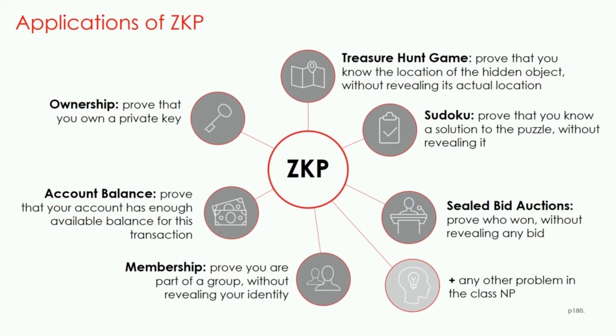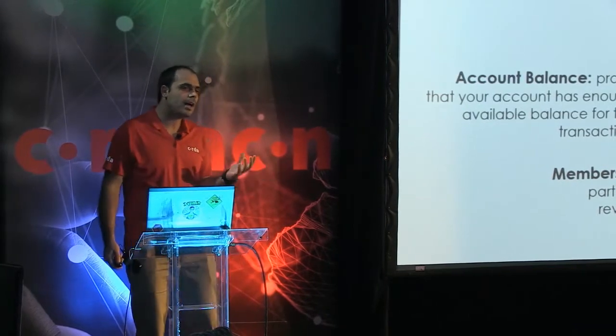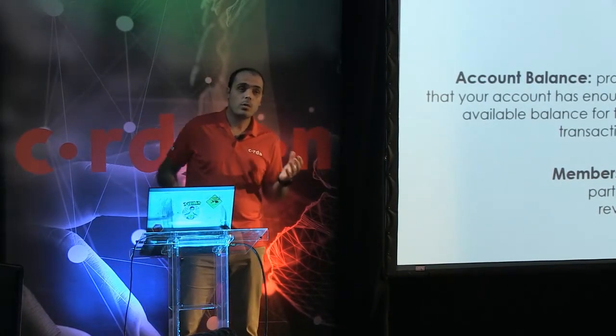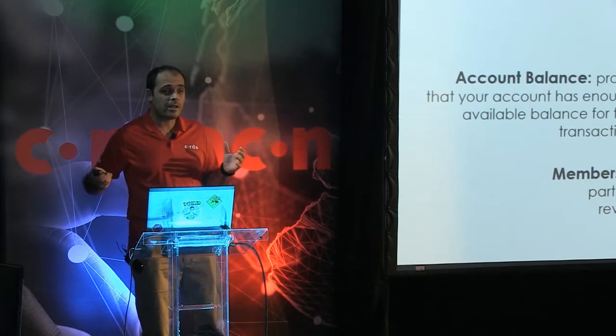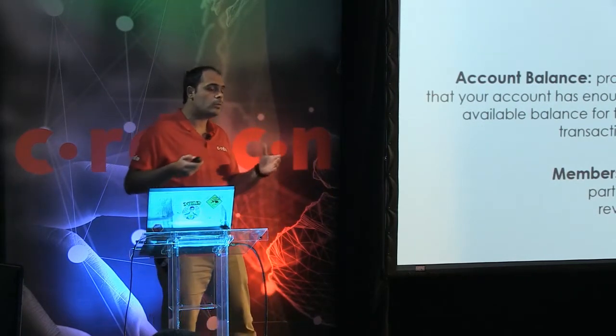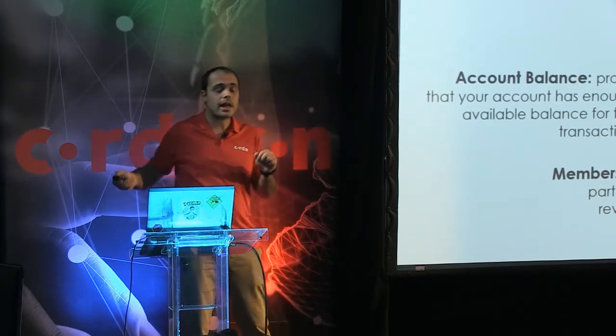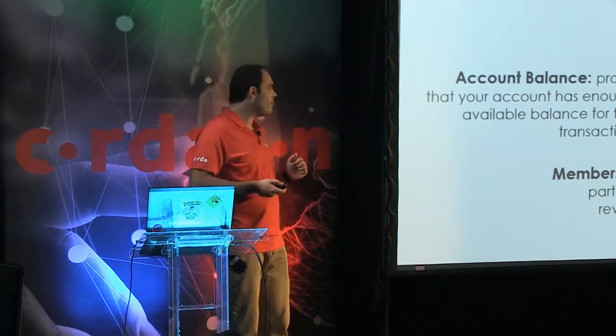But let's go to our world, the finance world. Imagine we have to prove you are part of a group without revealing your identity. Imagine, for example, ring signatures, or that we want to prove in Corda that someone signs a transaction. We don't want to know who this someone is, but we want to know that it's a member of our group, which is very important to find a solution against denial of service attacks or other attacks that can happen.